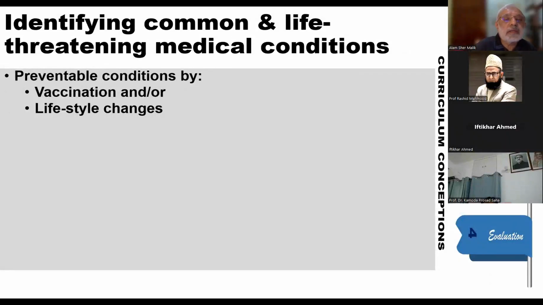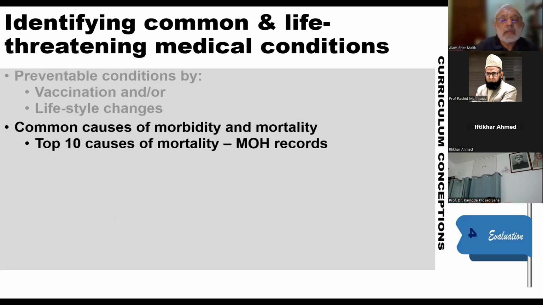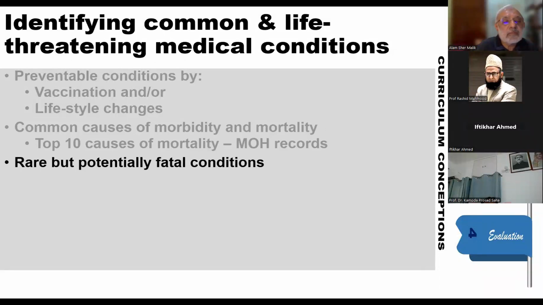Then we have to identify preventable conditions, the conditions which can be prevented, for example, by vaccination or lifestyle changes. Common causes of morbidity and mortality, for example, the top 10 causes of mortality from the Ministry of Health records.